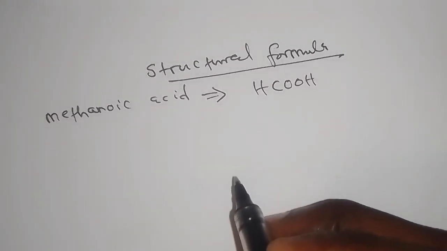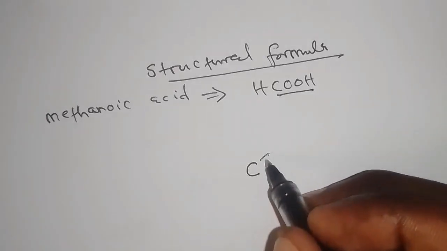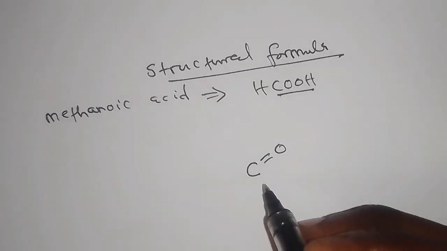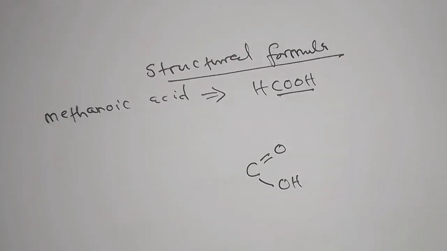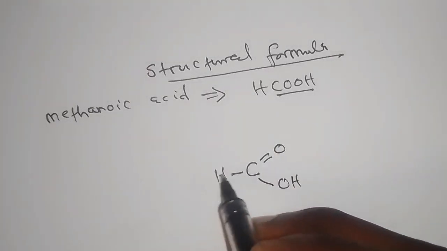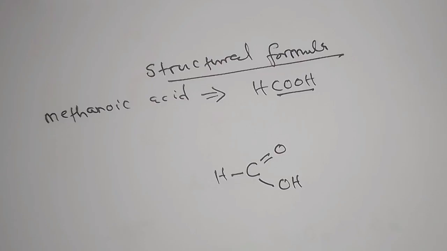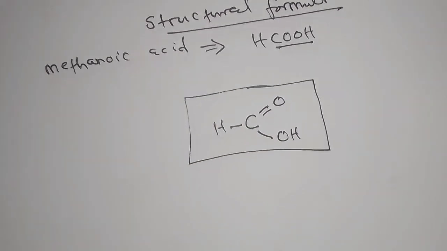So what is the formula? The formula is the functional group, this one, then the oxygen has a double bond there, and then this one with the OH. And then you can just include the H, the last part. Remember that these are derivatives that are coming from the alkanes, or the alkenes. So these are called derived compounds. So this is the structural formula.